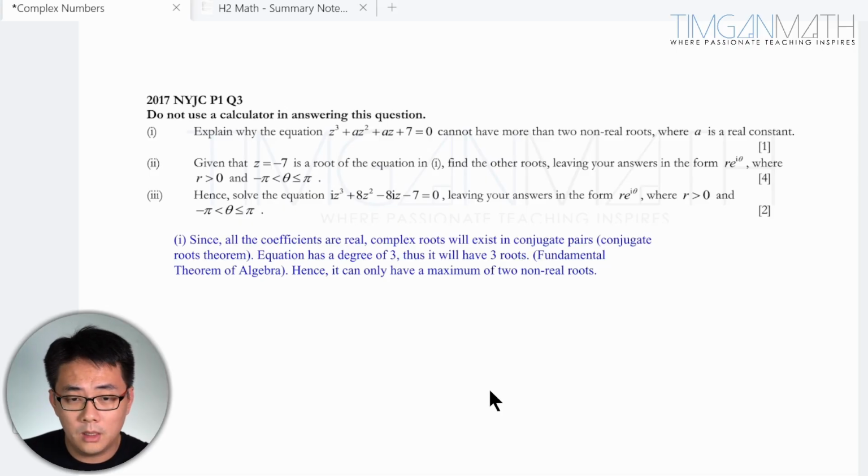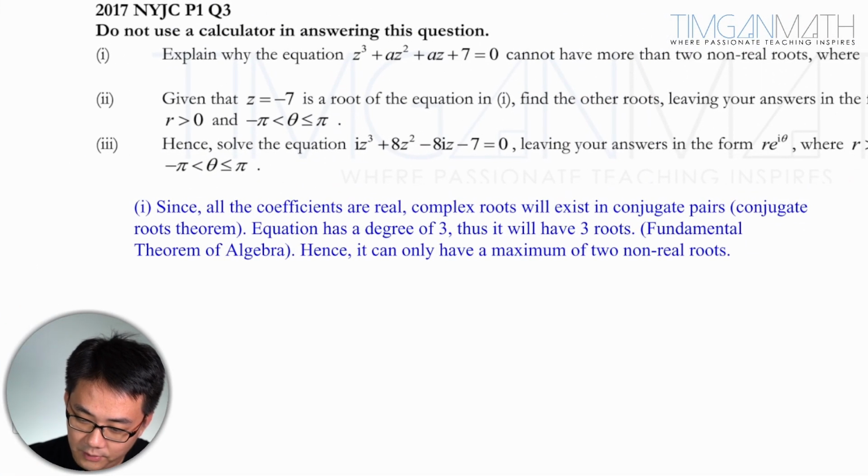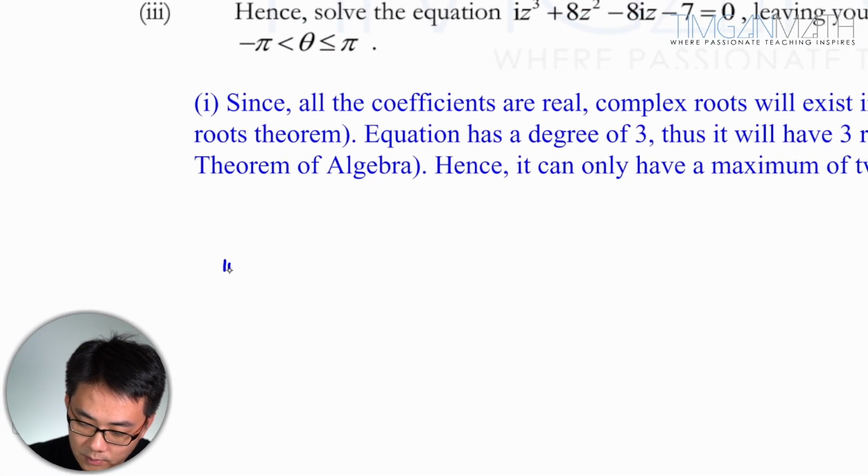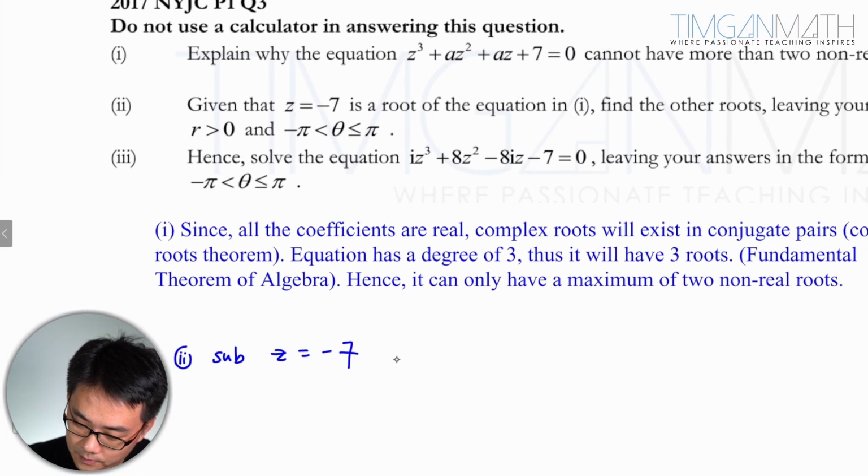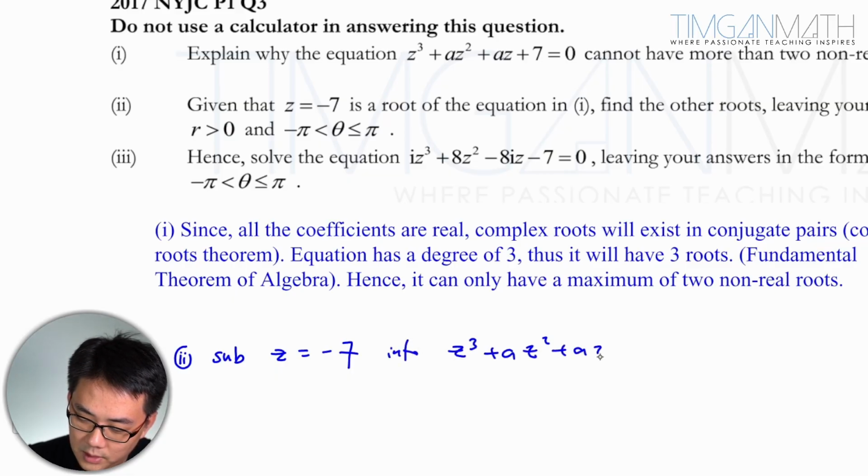Okay. Given that z equals negative 7 is a root in part 1, so for part 2, just sub z equals negative 7 into the equation. You can just sub in straight, don't need to write this grandmother story here.